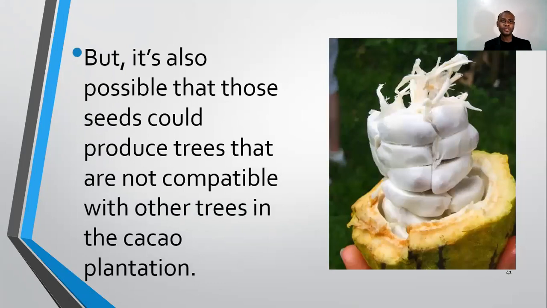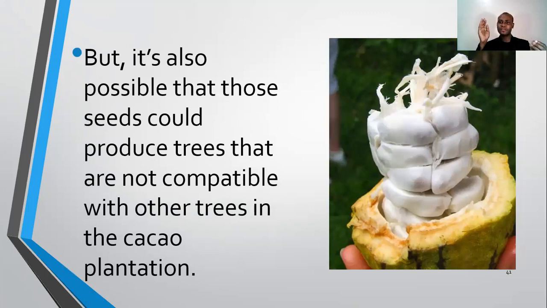It is also possible that those seeds could produce trees that are not compatible with other trees on the cacao plantation. Let's say that this tree has no compatibility problem, and then you got seeds from here.